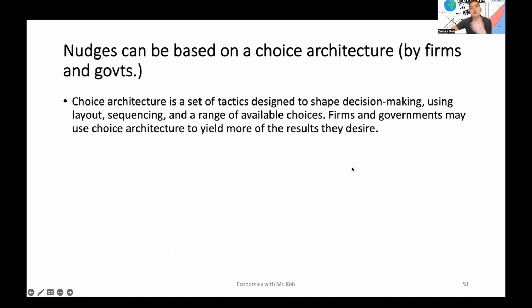Now, moving on, nudges can actually be based on choice architecture, which is a set of tactics designed to shape decision making using layout, sequencing, and a range of available choices. Firms and governments can use choice architecture to yield more of the results that they desire.